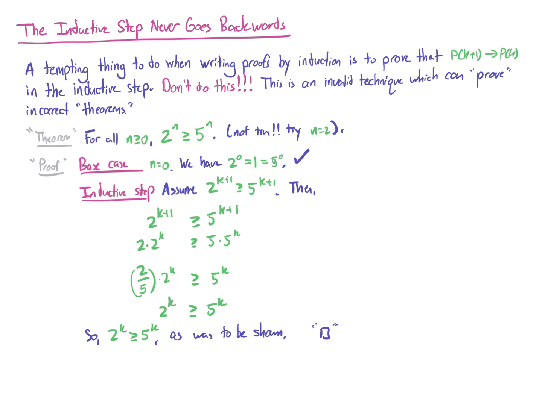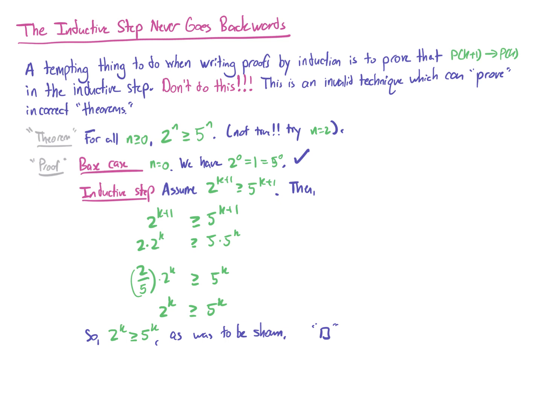This backward step, where I started with P(k+1) and proved that that implied P(k), all went okay in the sense that I did successfully show that P(k+1) implies P(k), but I proved an incorrect theorem.